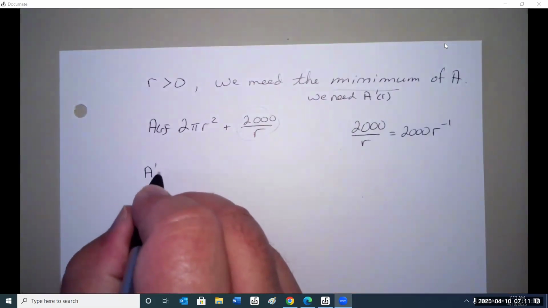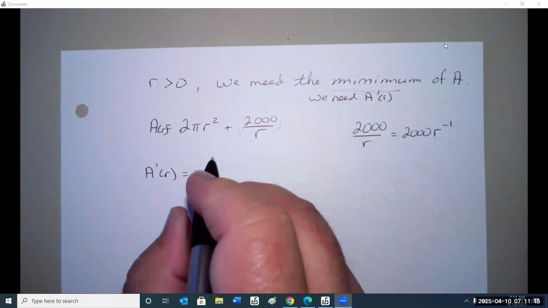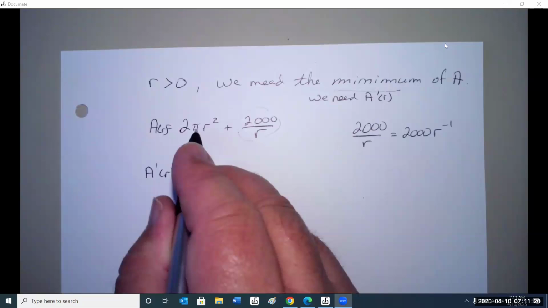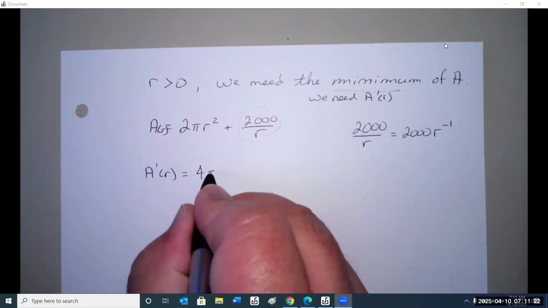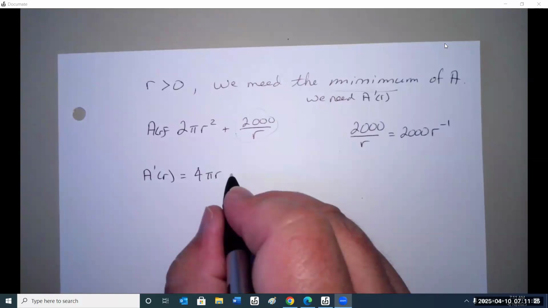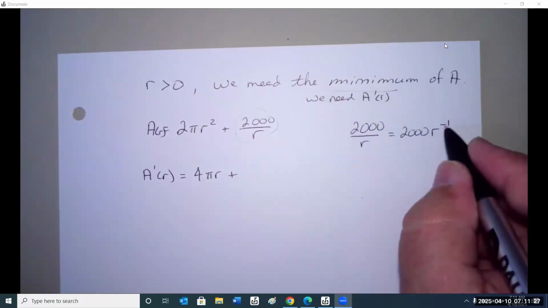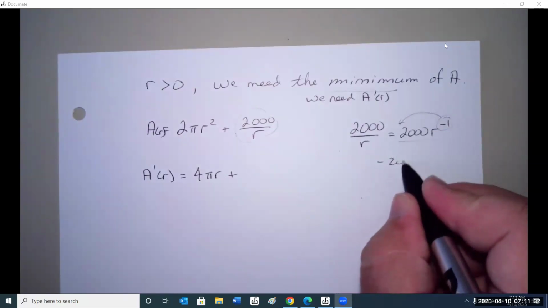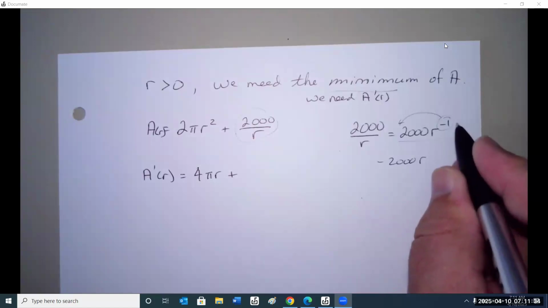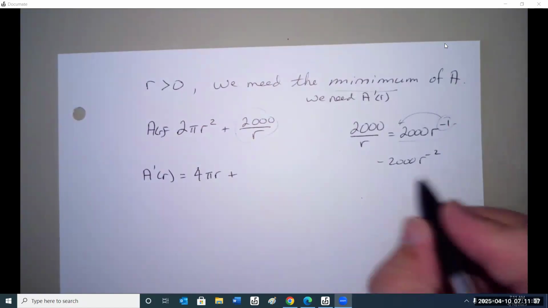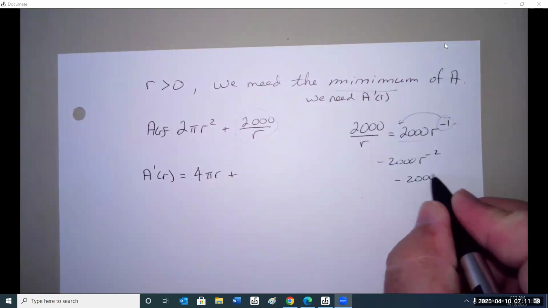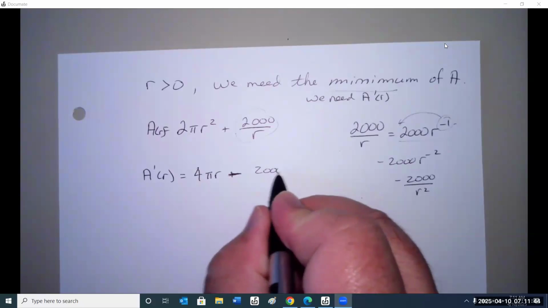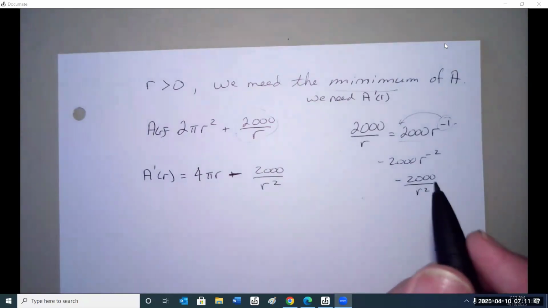So take the derivative of A with respect to r. This is just a constant. Bring the 2 down. 2 times 2 is 4 pi r. And for this one, take the derivative: bring down the negative 1, so we have negative 2000 r, and subtract 1 from the exponent makes it negative 2. That makes it negative 2000 over r squared.